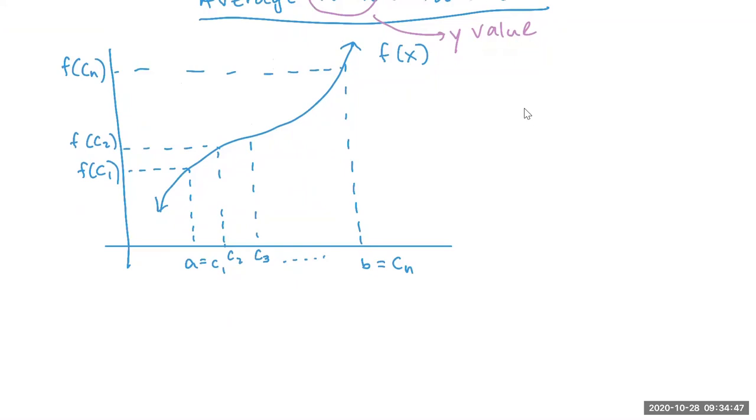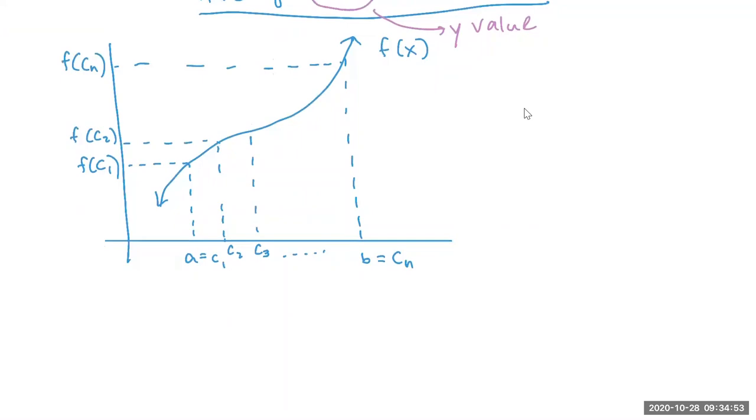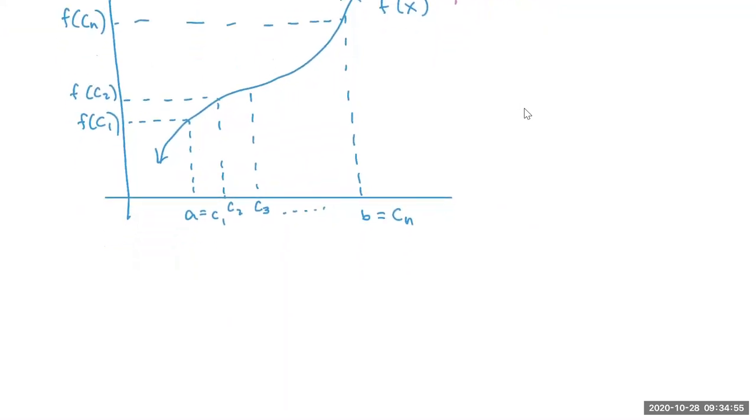Okay, you have n number. And is that n number finite, or could it be infinite? Okay, good. Yeah, so some of you said there's an infinite number of y values. Technically, there's some y value between each one of these y values, right? There's an infinite number of them.